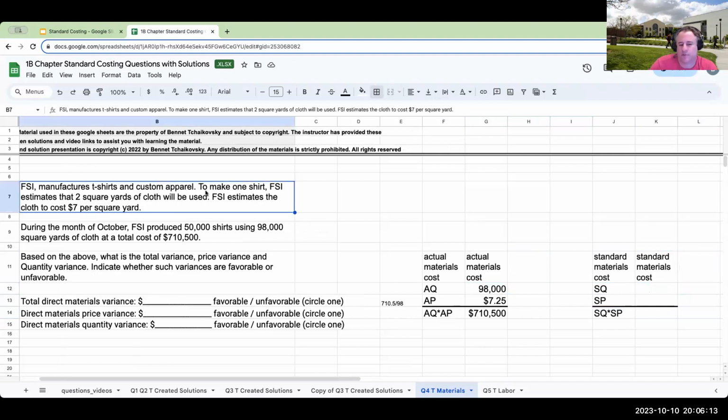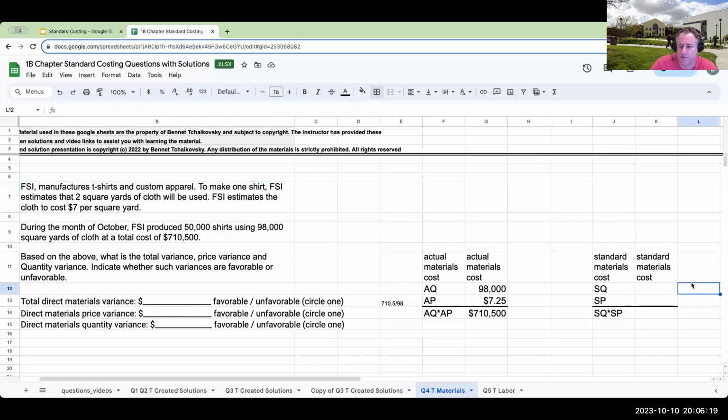It tells us to make one shirt, we estimate that 2 square yards of cloth will be used. So here we're going to say, okay, I made 50,000 shirts, right? That's the actual amount I made, times 2 square yards per shirt.